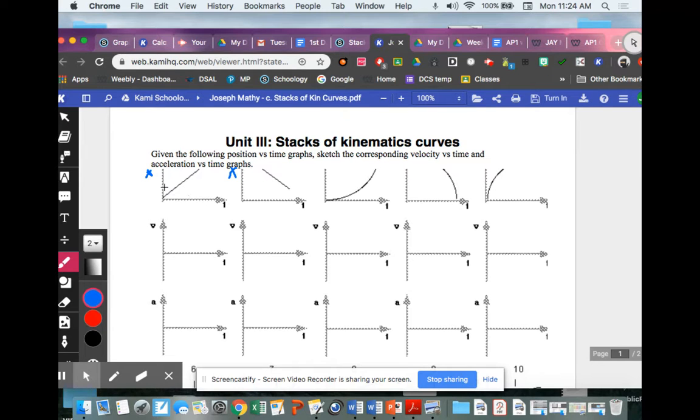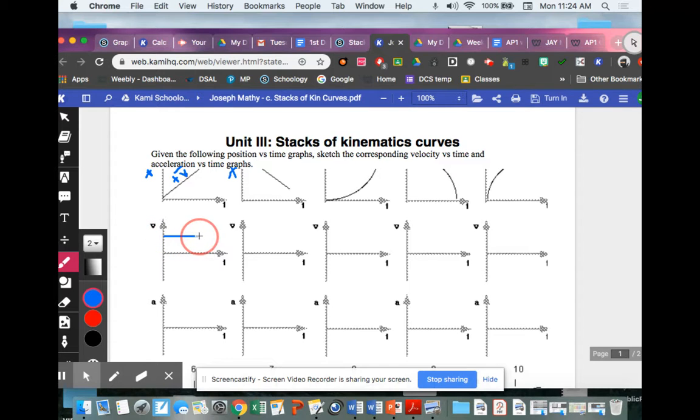And what I want you to understand is that the slope of a position time graph is the velocity. So when I look at this slope and I see a positive velocity, and then I'm going to put a little line above it to show that that's positive velocity, well, that slope never changes.